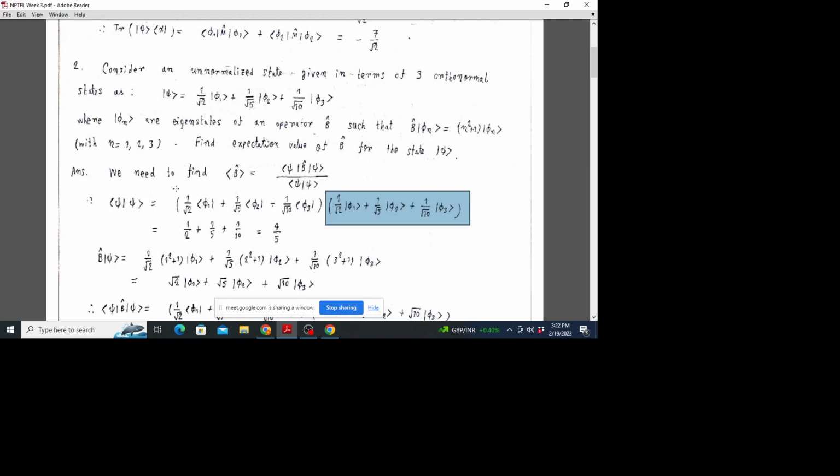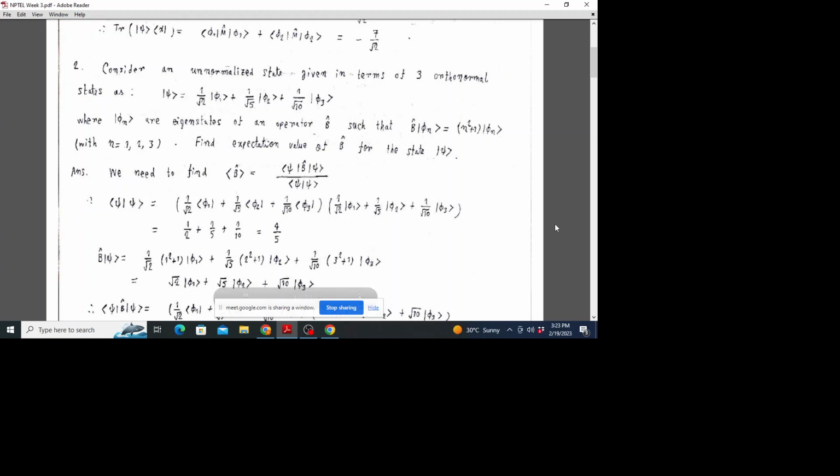So that is why we are left with, from the first term, the inner product of this and this one, so from these two you get this half, and from the second you get this 1 by 5, and from the third you get this 1 by 10.